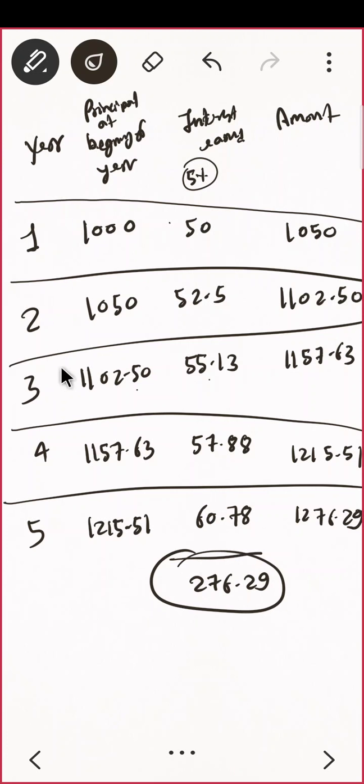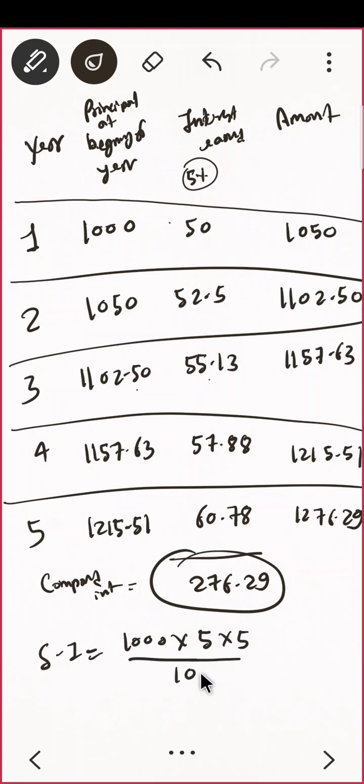Once I am doing compound interest on 5 years, I am getting this as my interest. What is simple interest? Let us see. This is my compound interest. What is simple interest? It will be PNR upon 100. So P was 1000 rupees, N was number of years, that is 5, rate was 5 upon 100.